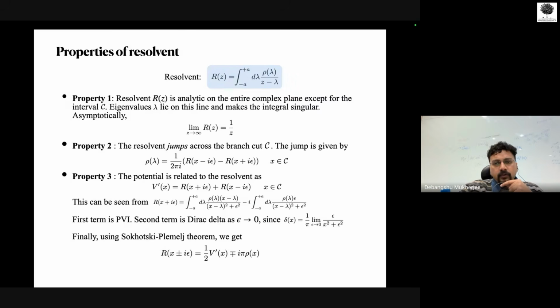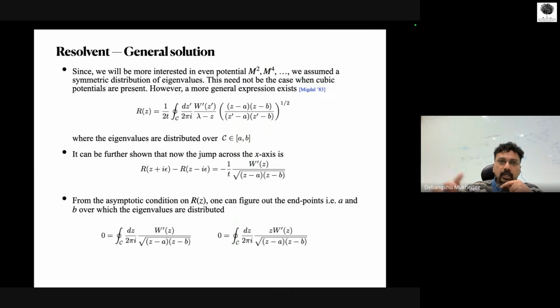So things were, of course, a bit restrictive, and we wrote down something which was true for one cut, and of course we also assumed that our branch cuts are very nicely symmetric and so on and so forth, which will be good particularly when one is dealing with the Gaussian as well as the quartic matrix model.